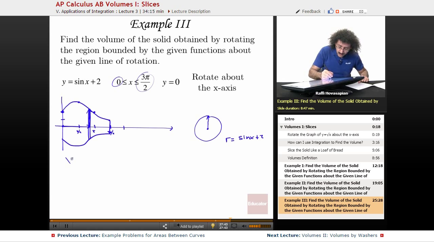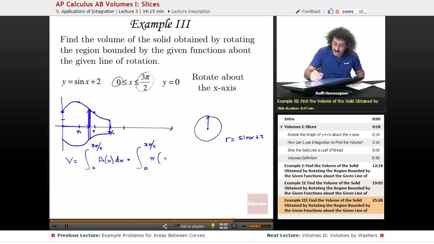So in this case, the volume is equal to the integral from 0 to 3 pi over 2 of the area of x dx, which is equal to the integral from 0 to 3 pi over 2 of pi times sine x plus 2 squared, because the area is pi r squared, times dx.